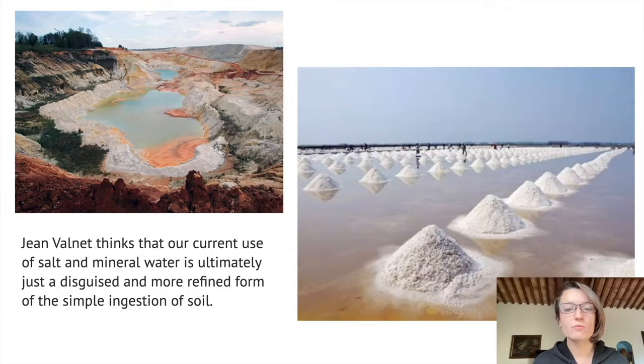And a naturopath here in France thinks that actually when we eat salt, it's a way of eating soil. So I thought it was interesting to notice because it's very similar.